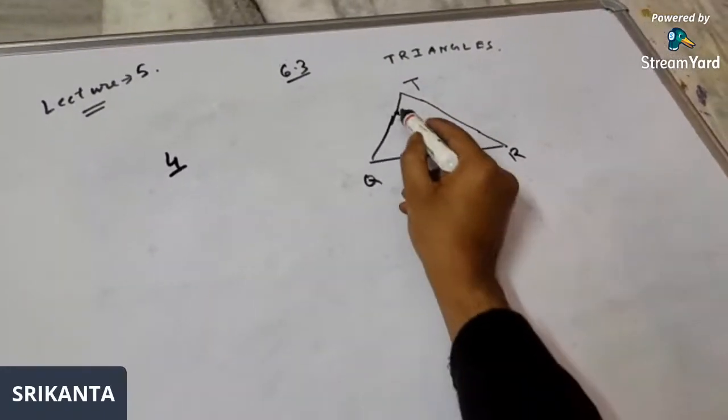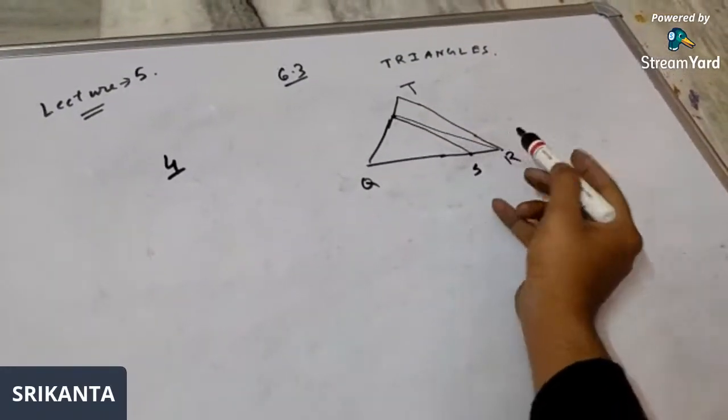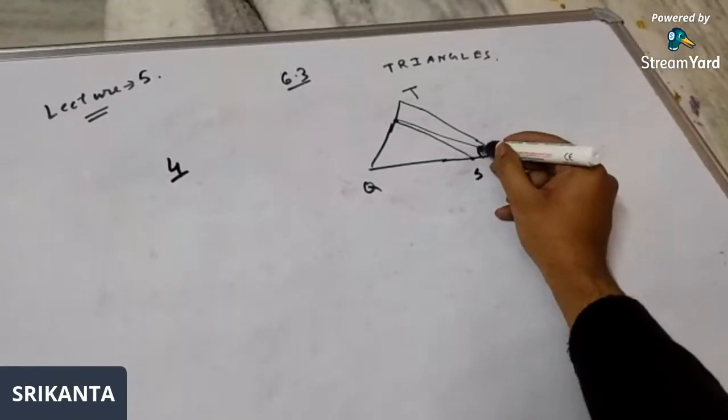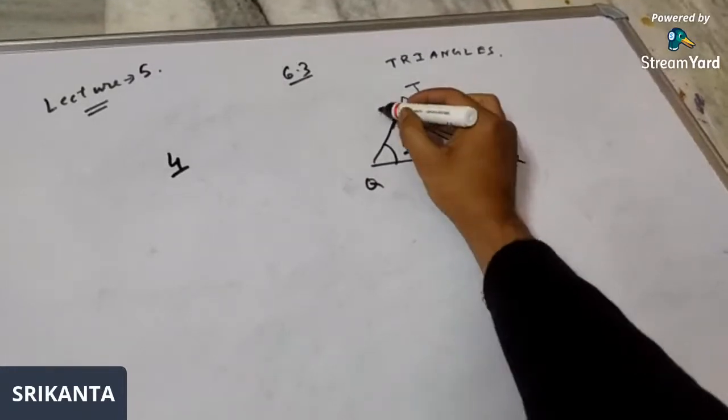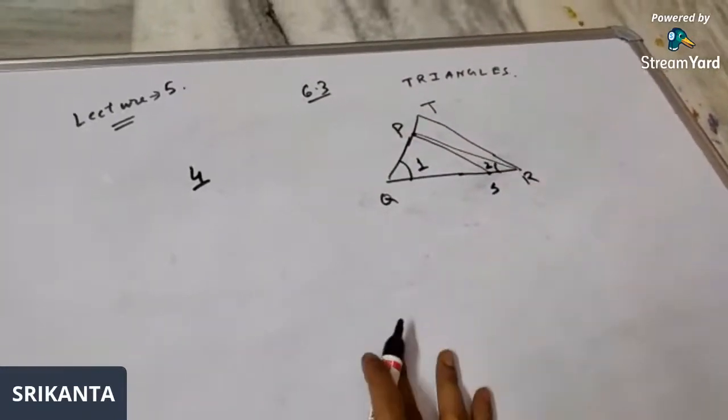Join this as well as join this. This is 2, that is 1. This is P, this is S.